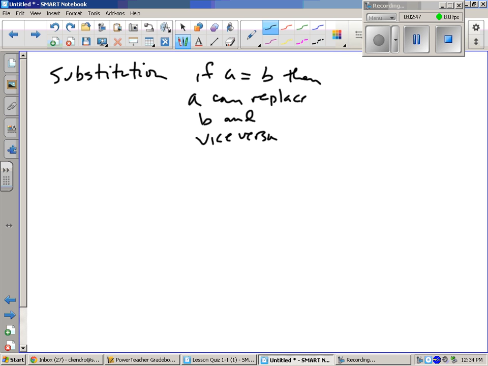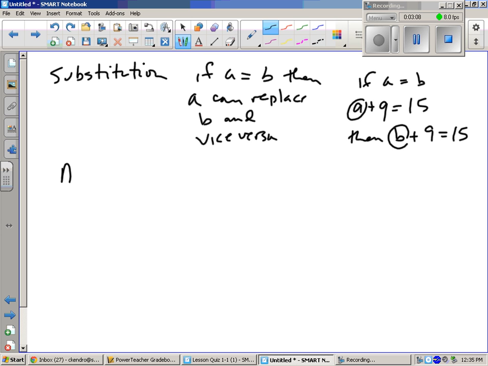So for example, if A equals B and A plus 9 equals 15, then B plus 9 can equal 15. So you can just replace the A with a B. That's substitution.